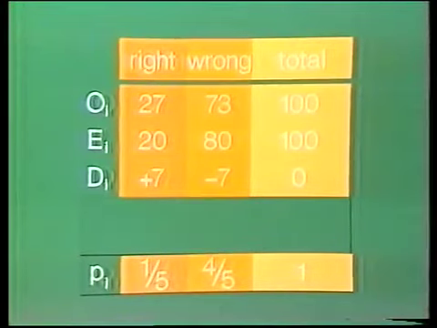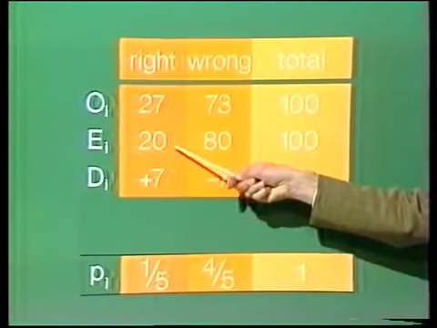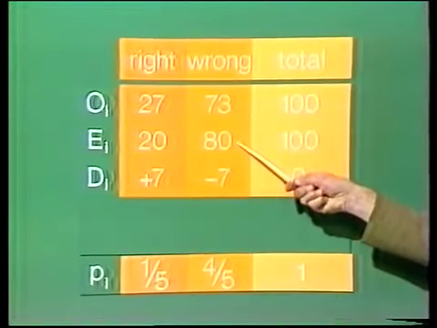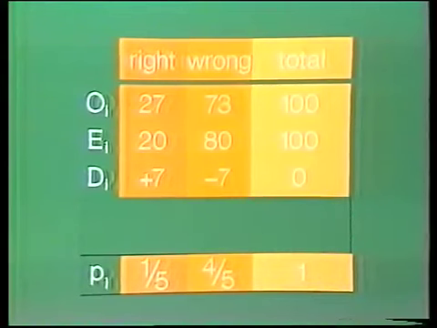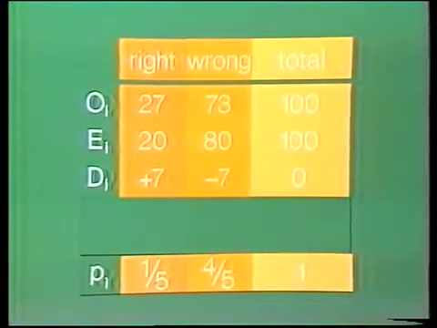Here are the deviations. 27 minus 20 is plus 7. 73 minus 80 is minus 7. Now, remember, what we want is an overall measure of goodness of fit, not just for this value or for this, but for the data as a whole. So we must combine these in some way.